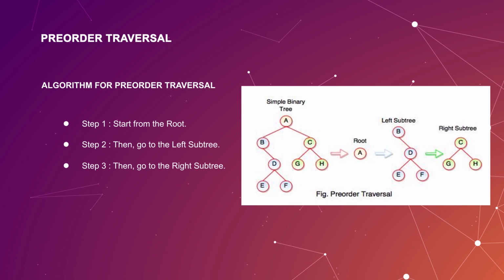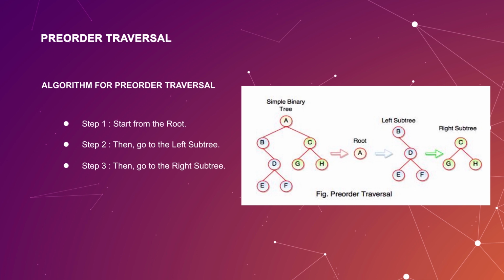Then go to step number 2, the left subtree of the root node, then step number 3, the right subtree of the root node. In step 2, you cover all the left-hand items of A. Once you cover all the left items, then you shift the pointer to the right-hand side of the root node A.